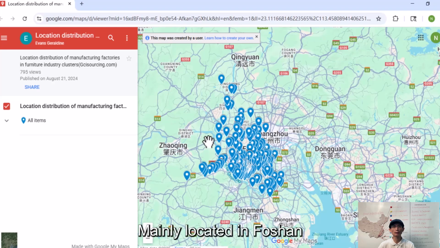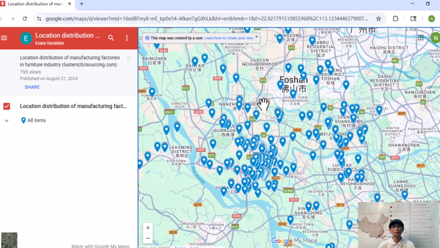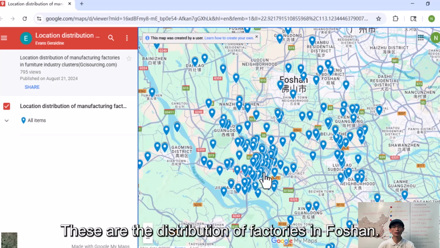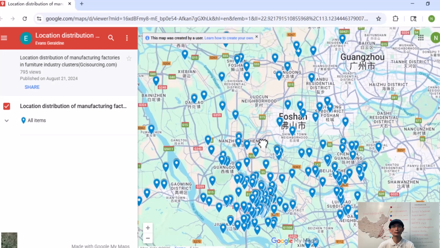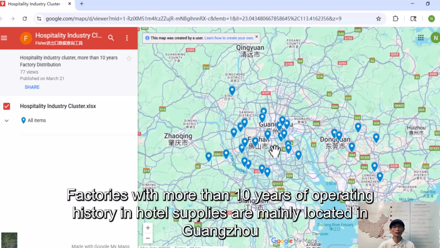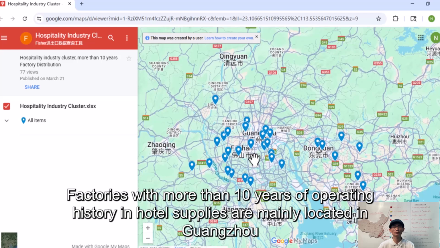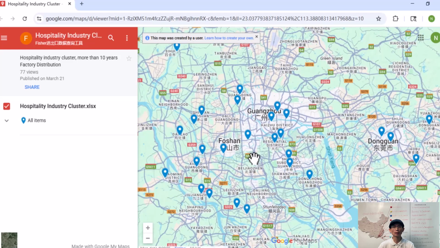Mainly located in Foshan. These are the distribution of factories in Foshan. Factories with more than 10 years of operating history in hotel supplies are mainly located in Guangzhou, Foshan.